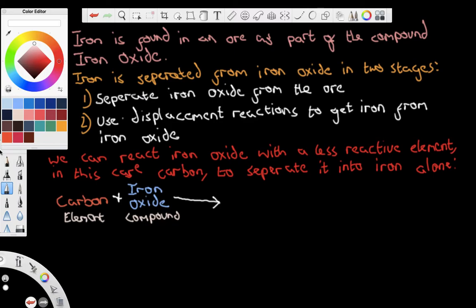So instead of having carbon and iron oxide, once we react it together, we're going to have iron, which becomes an element on its own, and that's going to be made due to the production of carbon dioxide, which is now our compound.